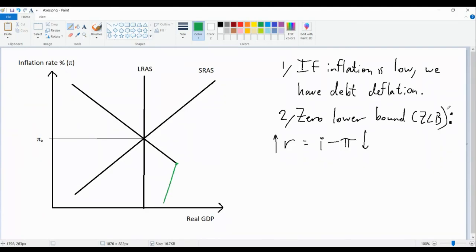Why is that a problem? It's a problem because imagine a super duper negative demand shock. It might be so bad, we actually end up here.